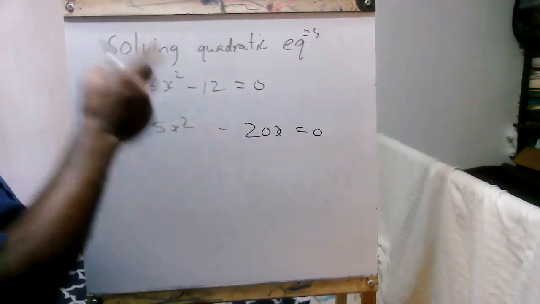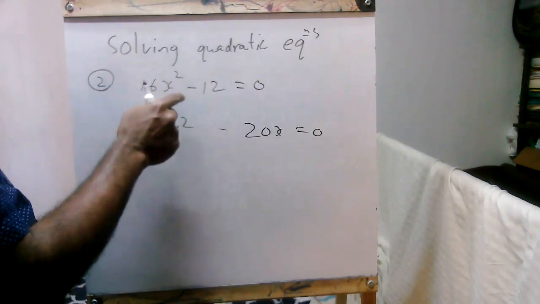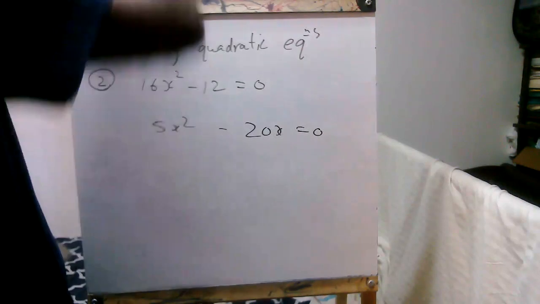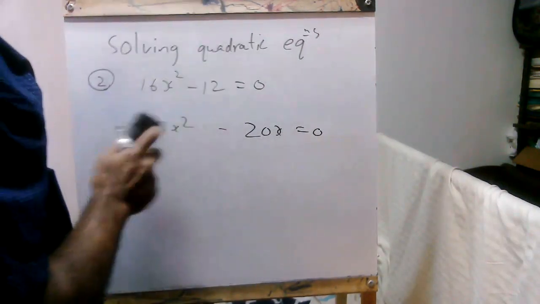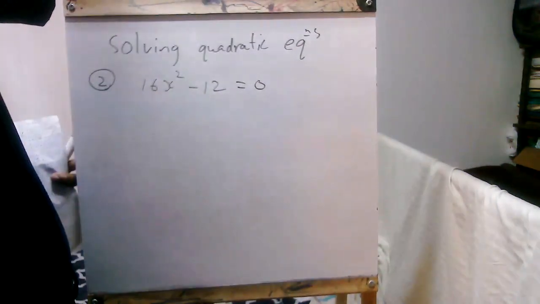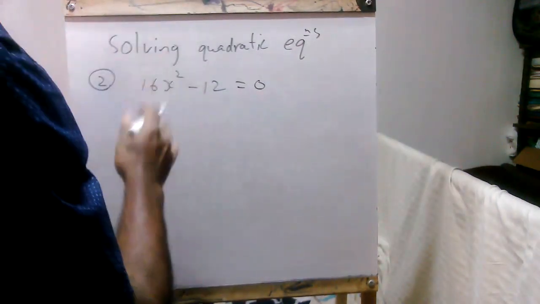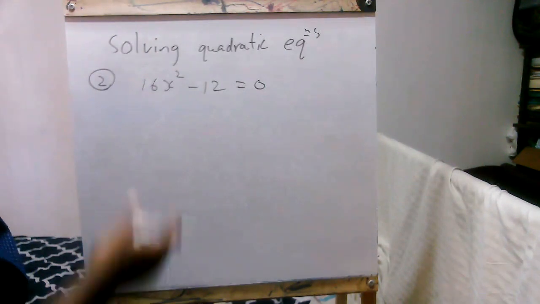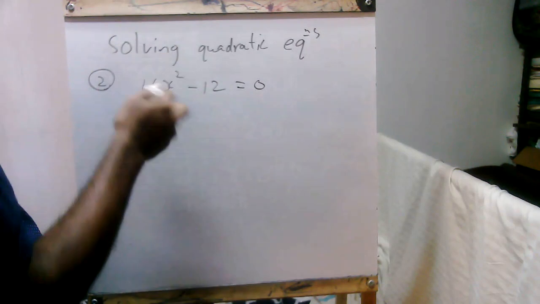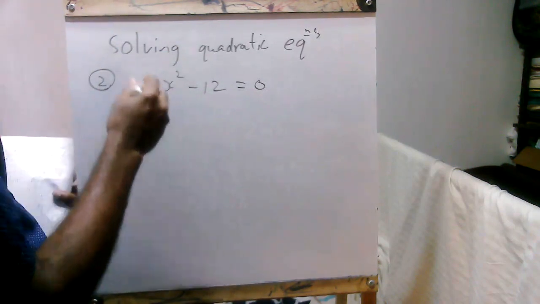When only one of the terms has x squared and the other term is just a number, you don't have to do that much work. What you could do is simply move the number to the other side and isolate the x squared term. You can do this only if x squared appears in only one term.